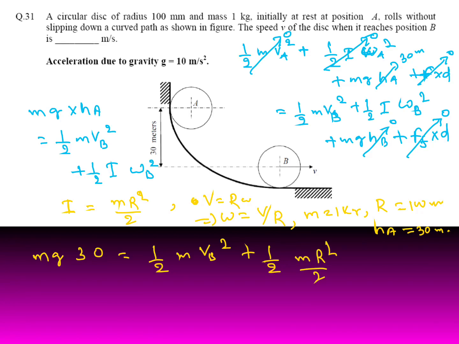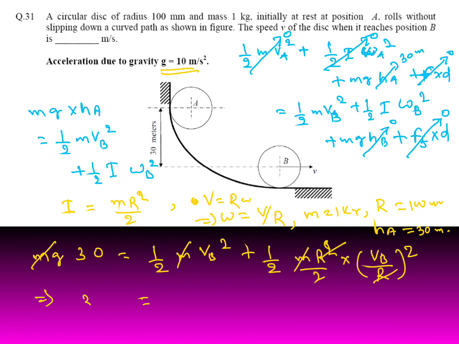Omega is vB by R, its square, R square cancel, then you will get, mass also you can cancel. Then g is 10 given in this question. So 10 into 30 you will get 300.